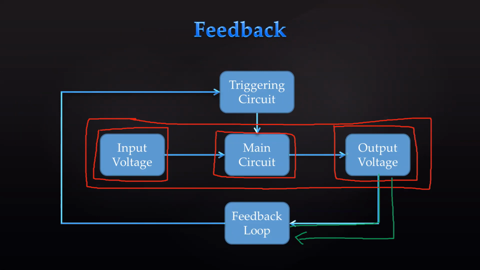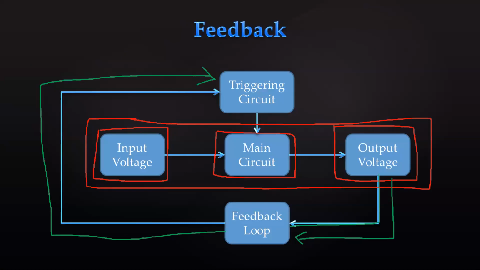We are taking the signals from the output voltage, feeding them back to our triggering circuit, and then according to the difference from our reference signal that we will provide here, this circuit will give different pulses to our main circuit. So this is the main thing, the basics of a feedback loop.